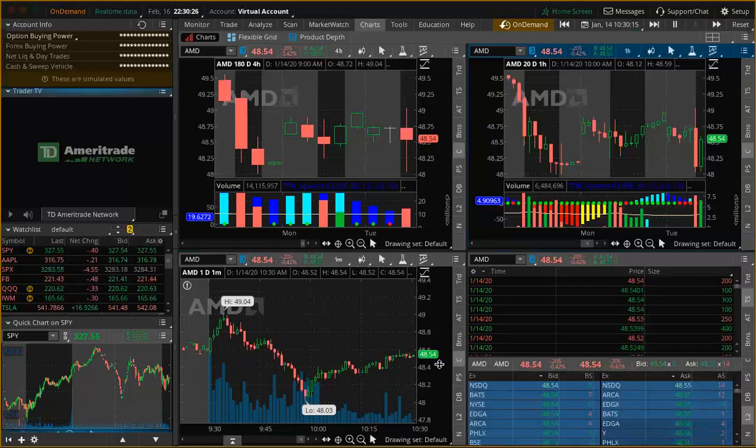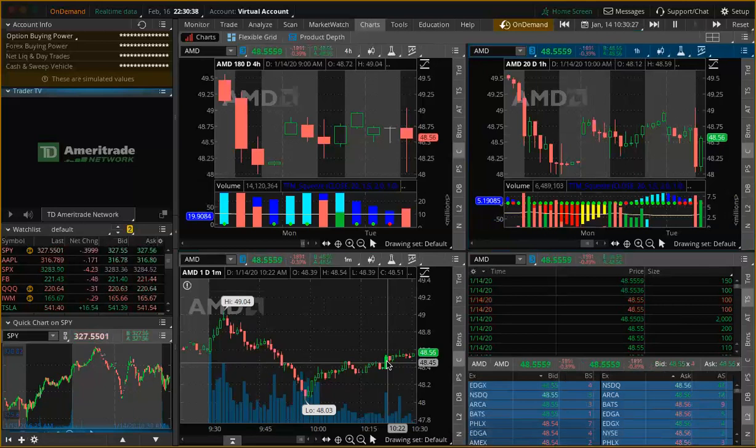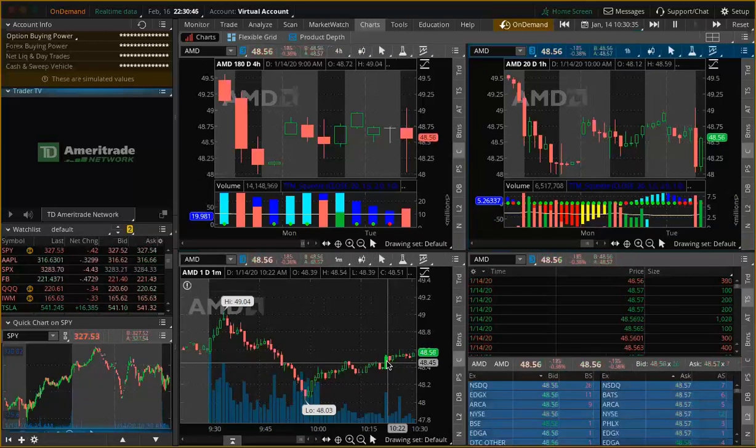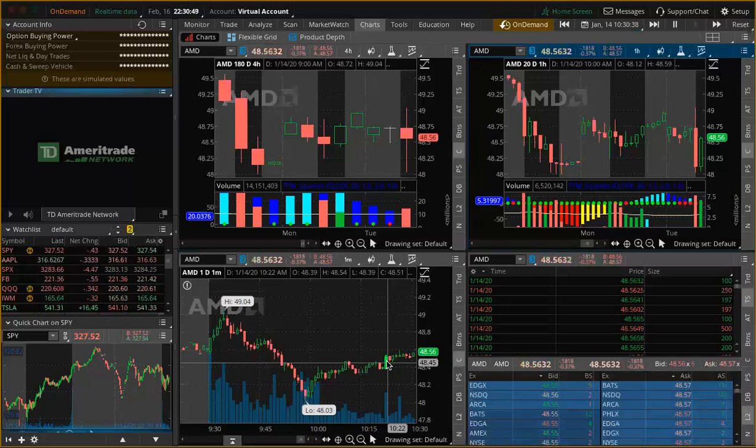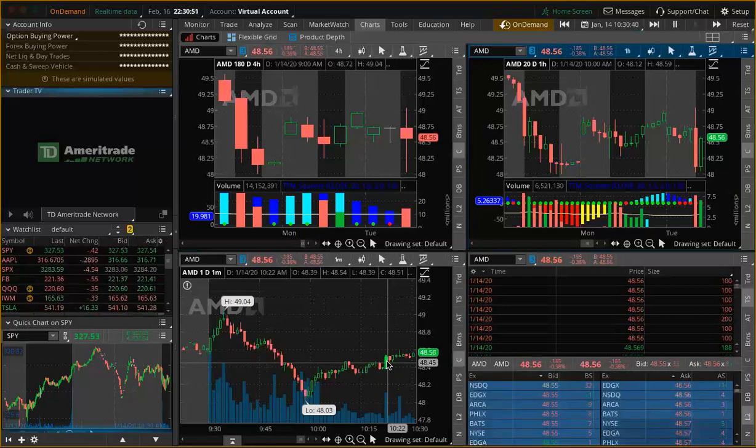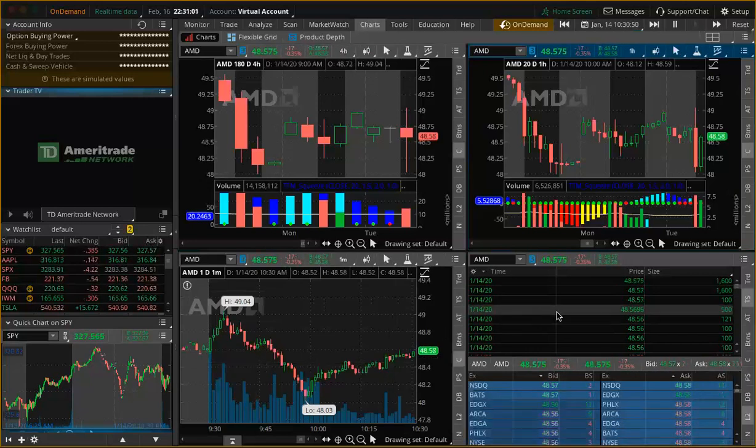So again, we tested the 48.50 level and it rejected. Now we're trying to push higher. Waiting for that 48.56, 57 level to break. Boom, there it is.